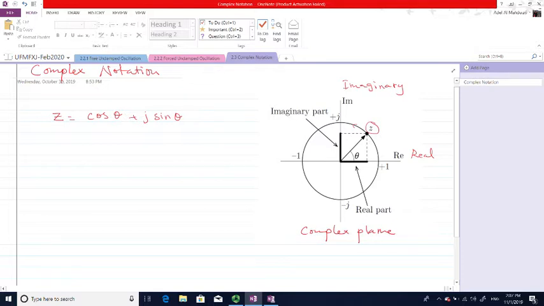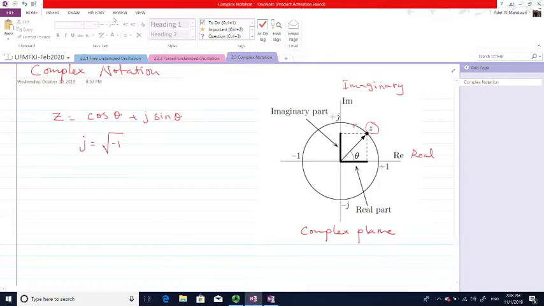This can be illustrated as z equal to cosine theta plus j sine theta, where j is a complex value, the square root of -1. So this is what we understand about j.